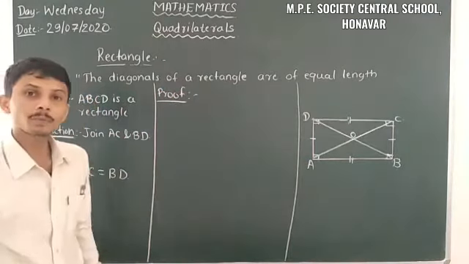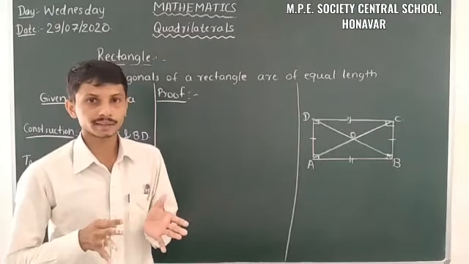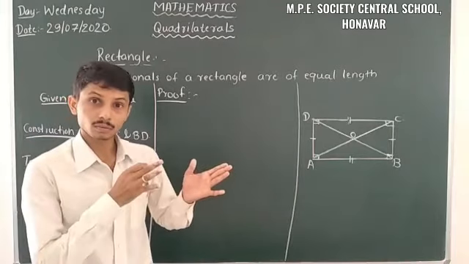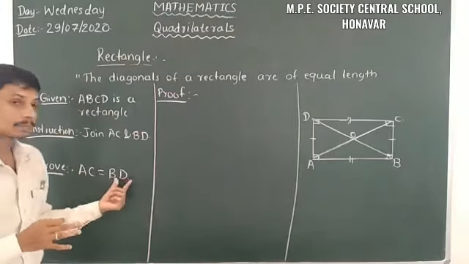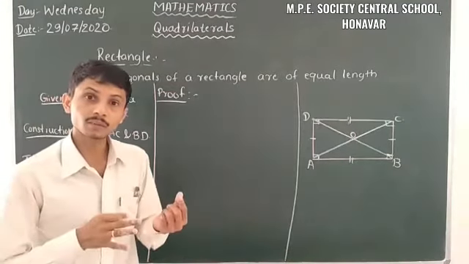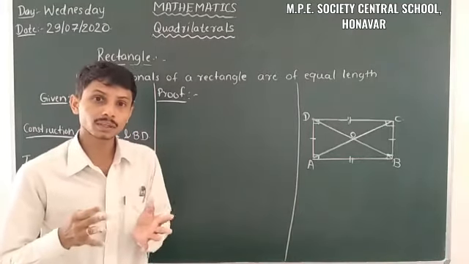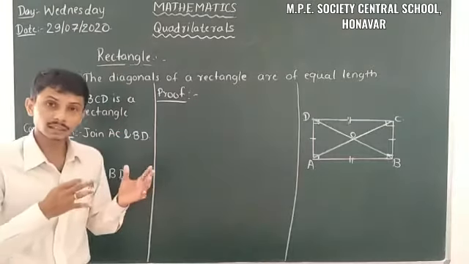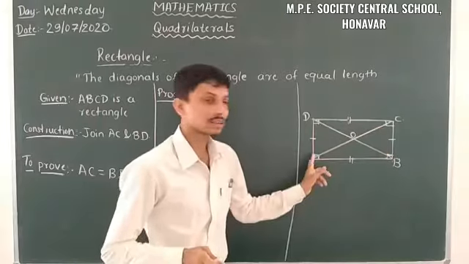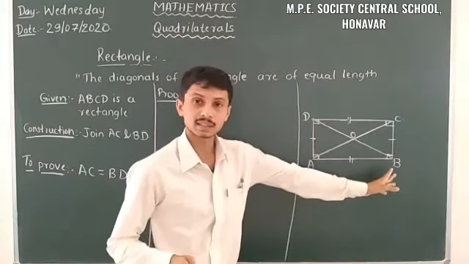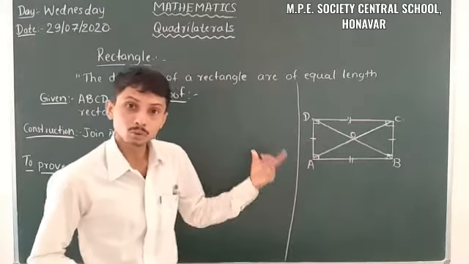How can we prove that? We have to prove it from the known things. So consider any two triangles of which AC and BD are a part. For that we take the corresponding sides. AC and BD are the corresponding sides of those two triangles.